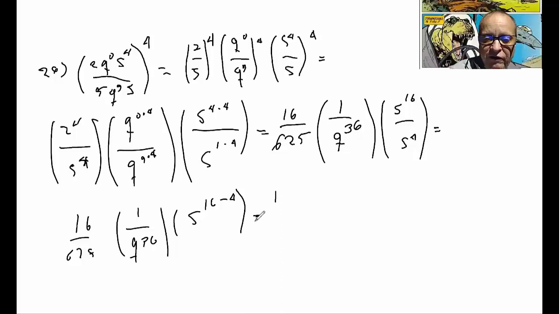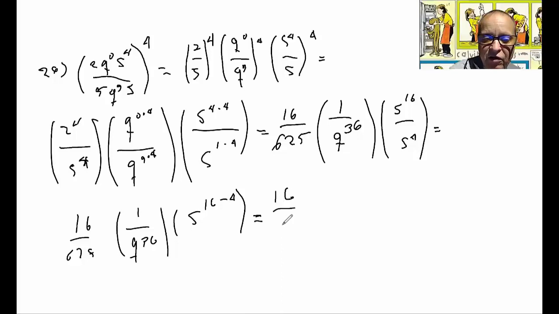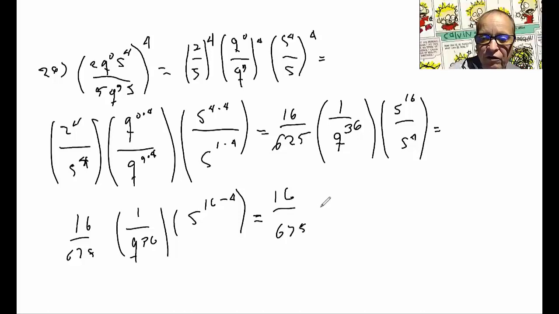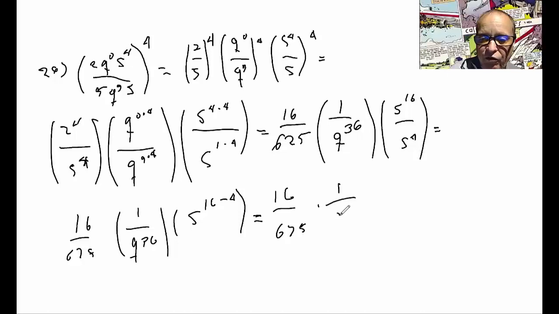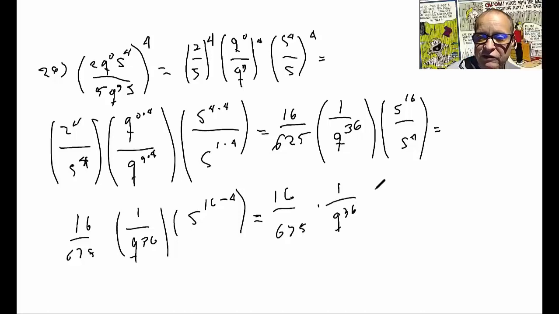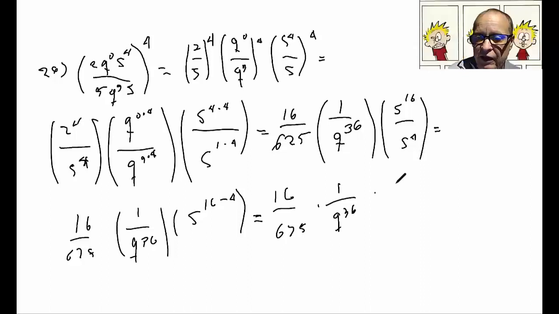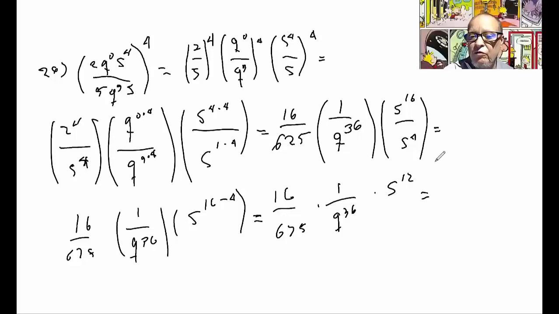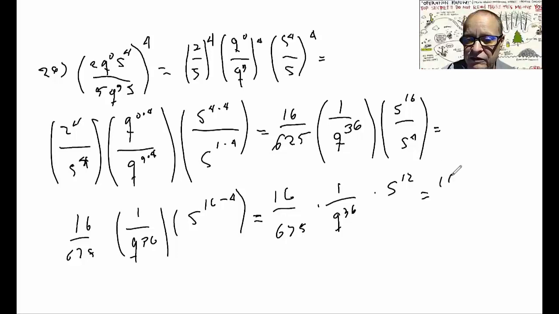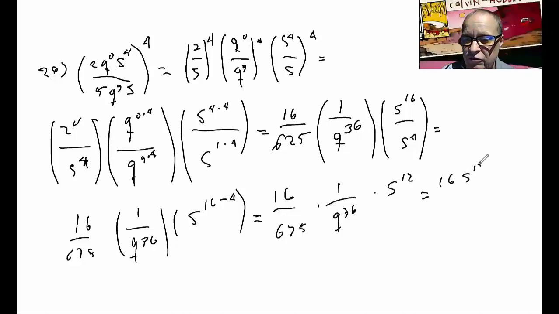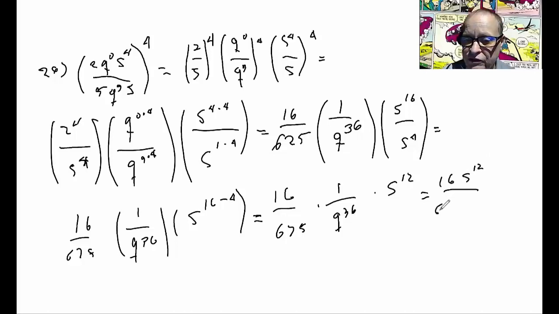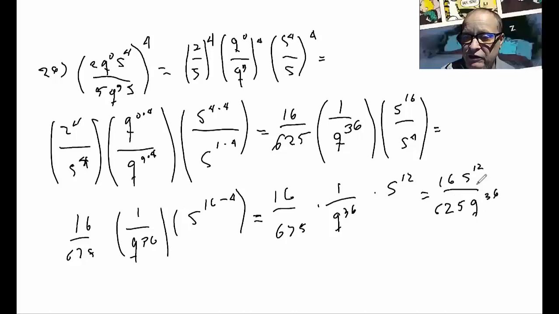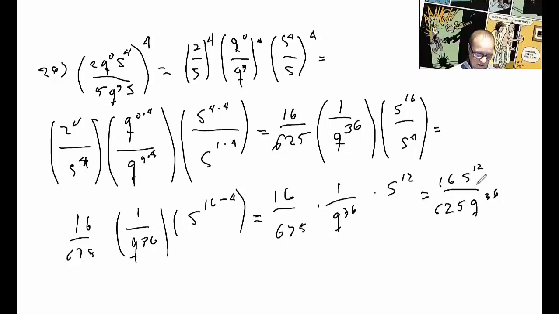So finally, in the end, I'll get 16 over 625 times 1 over q to the 36, and then times s to the 12th, and then I can rewrite it all together. 16s to the 12th all over 625 q to the 36, and then I am done.